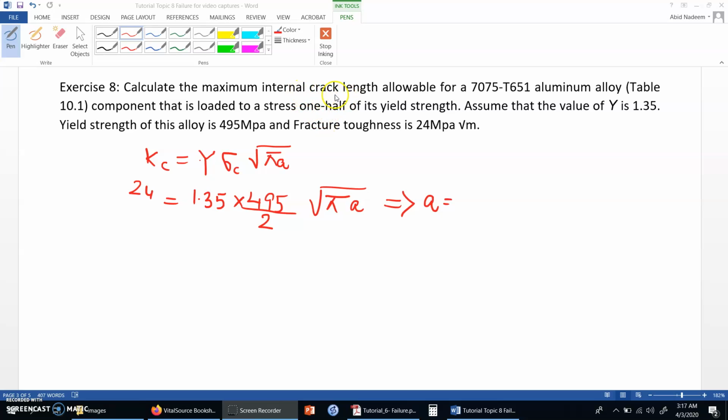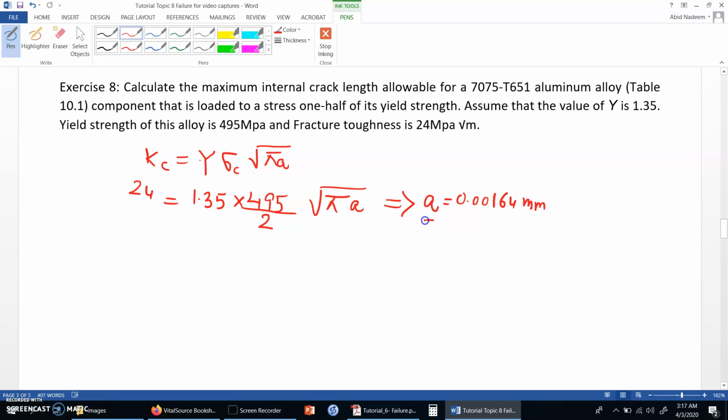So if it is the internal crack length, the value which I will find over here will be for A. So it will be 0.0016, 1.64 millimeter.